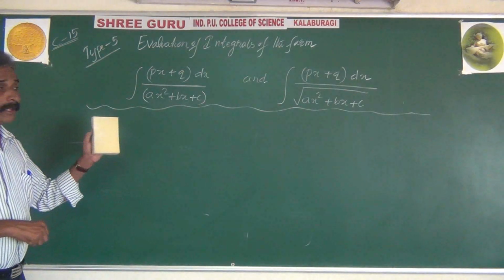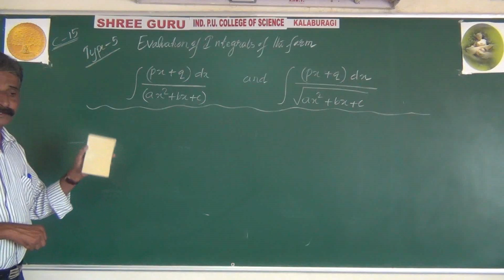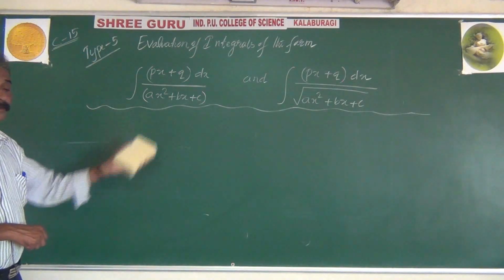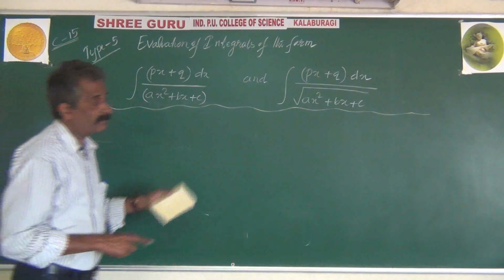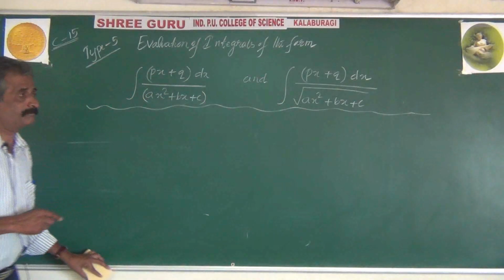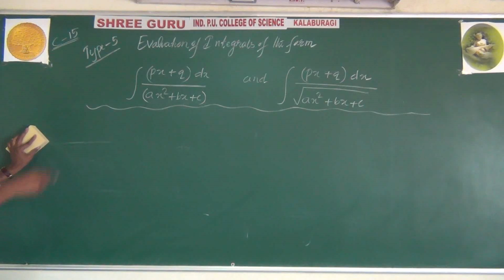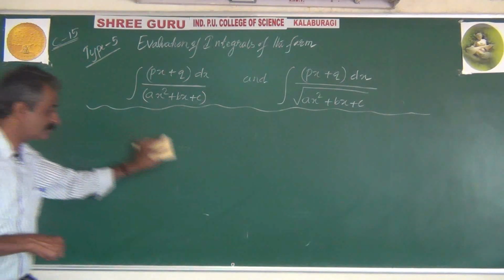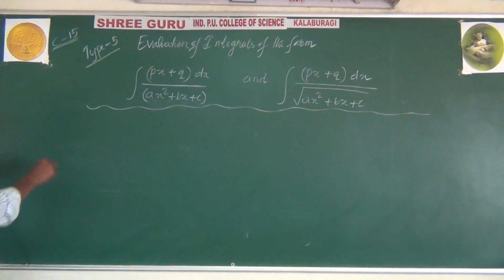For these two types of problems, the method will be the same; at the end, the integration formulas applied are different. So let's see how these kinds of integrations can be solved. I will write stepwise, and you also go on writing the same thing.